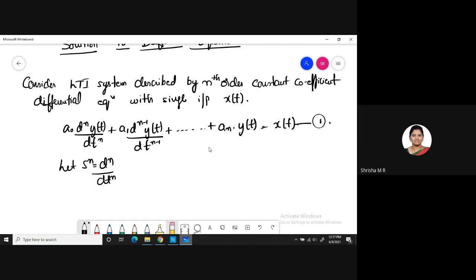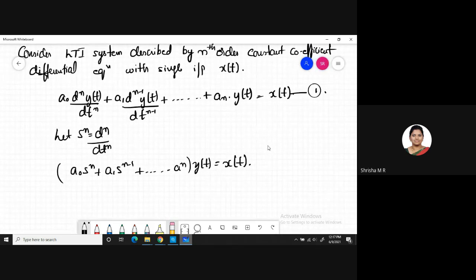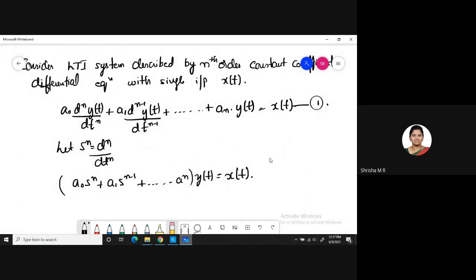Equation 1 will become a naught into s to the power of n plus a1 into s to the power of n minus 1, plus up to an into y of t, which is equal to x of t. Correct? This is the nth order constant coefficient differential equation with single input. I am substituting d power n by dt to the power of n as s to the power of n, so you get this equation. Got it, everyone? Is it clear?